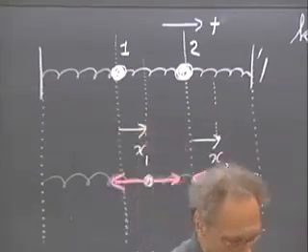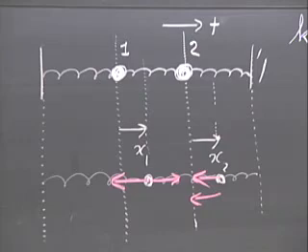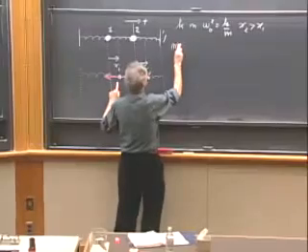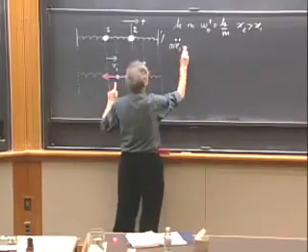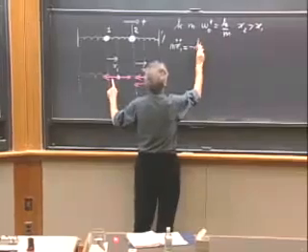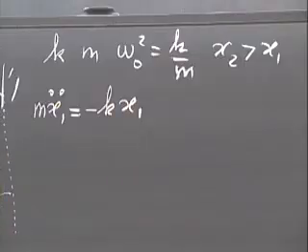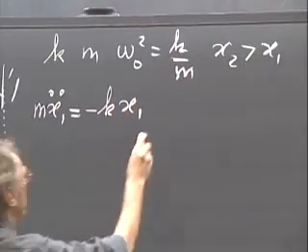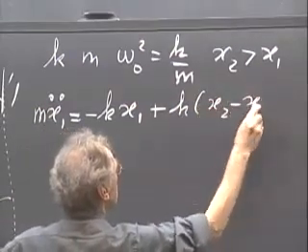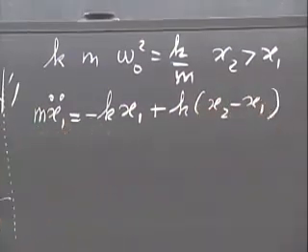And so now I'm going to write down the differential equation first for object number 1. So I get m x1 double dot. So this one is minus k times x1, and this one is plus k times x2 minus x1.